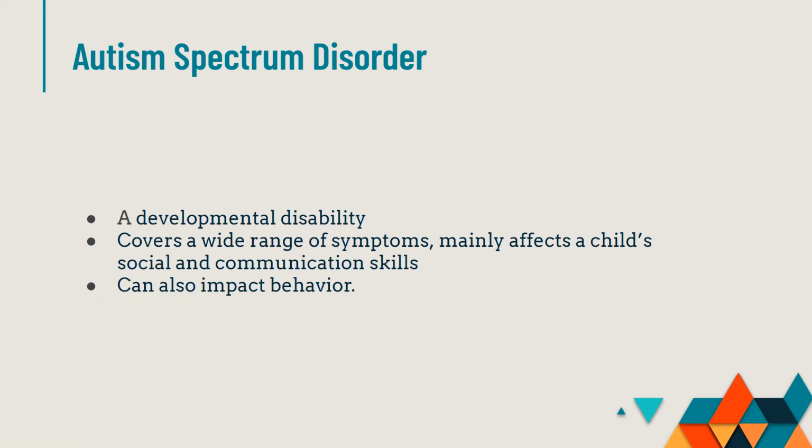Along with specific learning disabilities, autism spectrum disorder has become increasingly prevalent in the United States. Please note that in 2013, the DSM-5 replaced autistic disorder, Asperger's disorder, and other pervasive developmental disorders with this umbrella diagnosis of autism spectrum disorder.